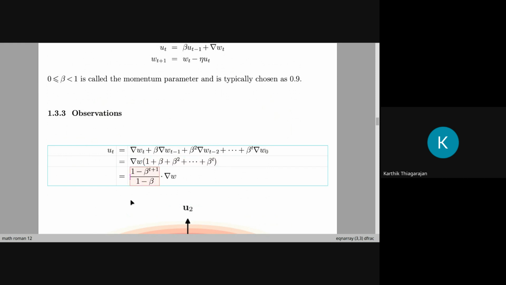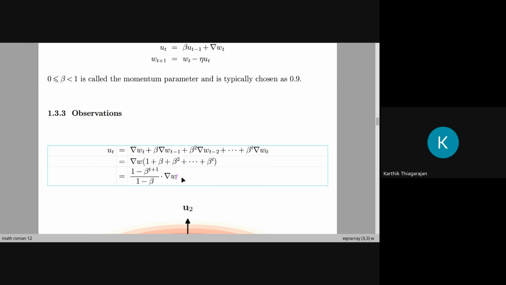If you sum it, you get something like this. What can you say about this quantity? Is it greater than 1 or less than 1? Say t equal to 100, for instance. Less than 1.